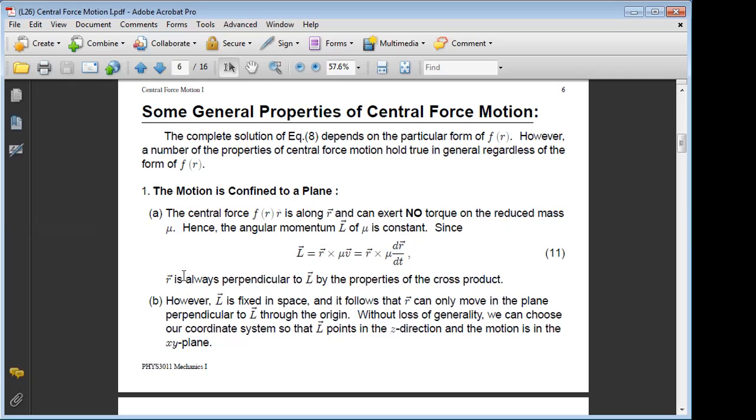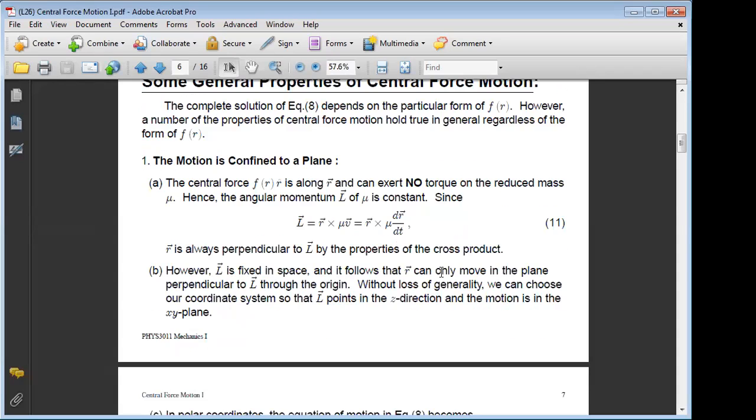So r is always perpendicular to L by the properties of the cross product. However, L is fixed in space, and it follows that the vector r can only move in a plane perpendicular to L through the origin.